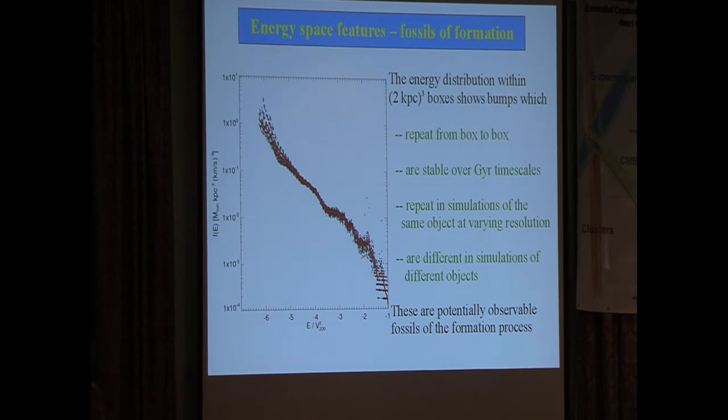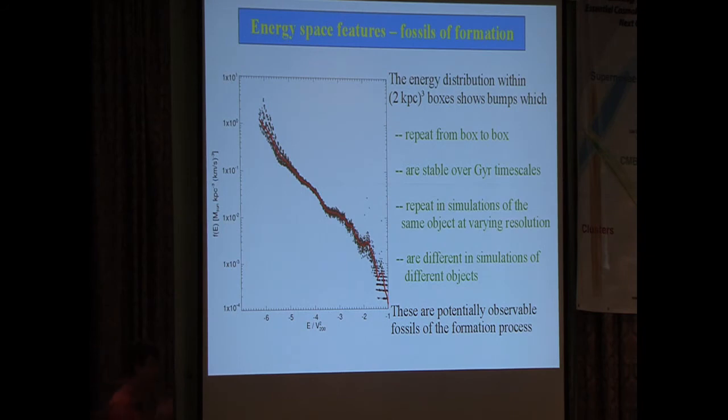If you take our simulation where you have the same initial conditions and look at different resolution, so we can take the different examples, you again get the bumps in the same place. But if you take our 6 different halos, which are different realizations, they all have bumps, but the bumps are in different places. So this is a stable feature of each individual object, which changes from object to object.